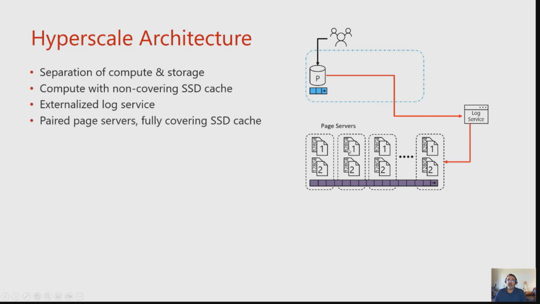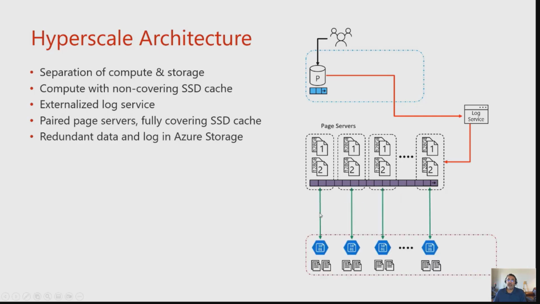Everything under this is to support the Hyperscale architecture. So you have a covering set of page servers. Page servers are resilient by nature. It's a fully covering cache, which is based on local SSD. And then you have the durable media, which is Azure Storage. You have multiple blobs in Azure Storage, and Azure Storage can be configured in multiple ways that we'll see in a bit.